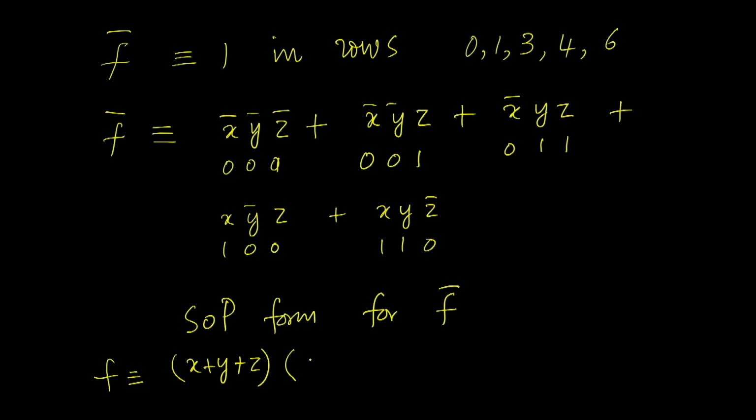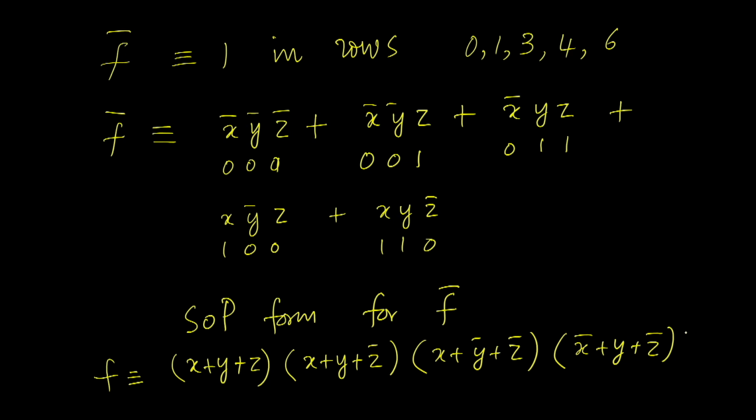The complement of x bar, y bar, z would be x plus y plus z bar, and the complement of x bar, y, z would be x plus y bar plus z bar, and the complement of x, y bar, z bar would be x bar plus y plus z, and the complement of x, y, z bar would be x bar plus y bar plus z.